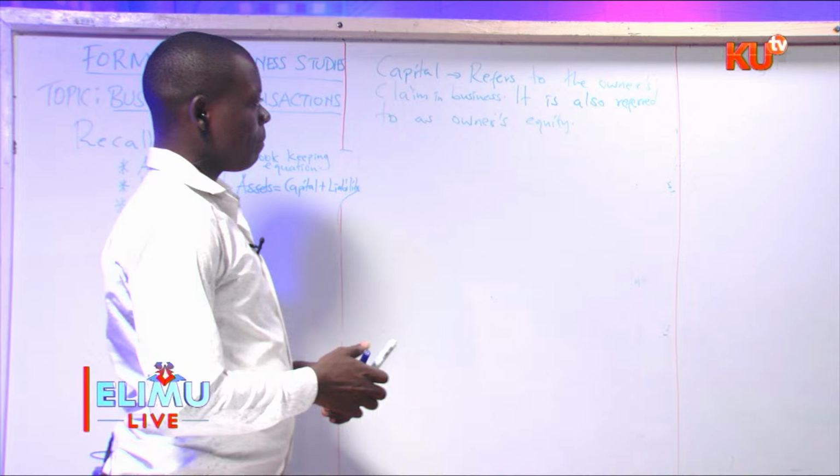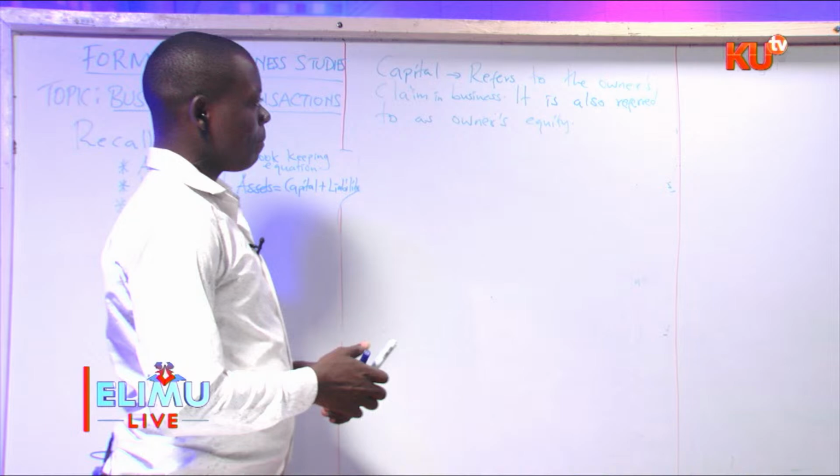Closing capital. We obtain the closing capital by taking the initial capital, also referred to as the opening capital. We add profits if there are any profits made.